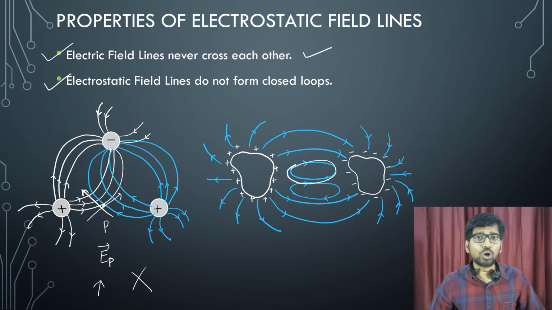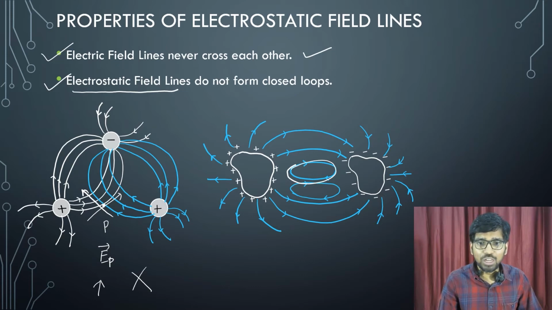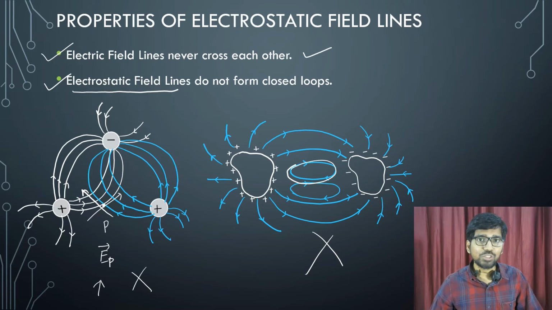You will later be taught in the chapter of magnetism, in which Faraday's law of electromagnetic induction says that even changing magnetic flux can create electric field. And such fields can form closed loops, but not electrostatic field lines. Electric field lines due to charges at rest will never form closed loops. Fine. That concludes our properties for the electric field lines. We will move to the next slide.